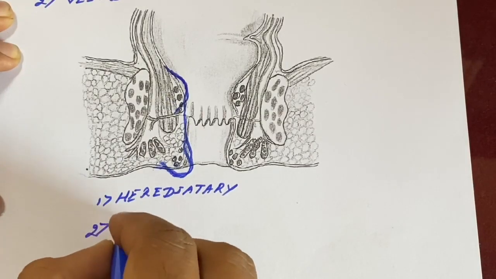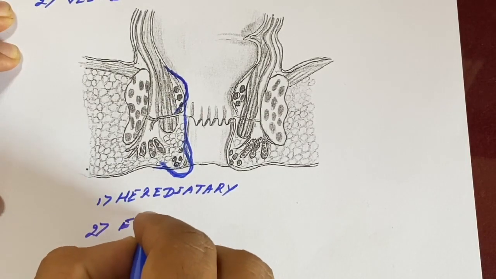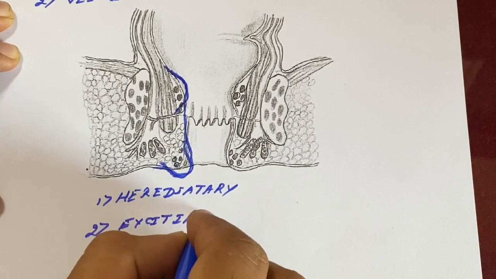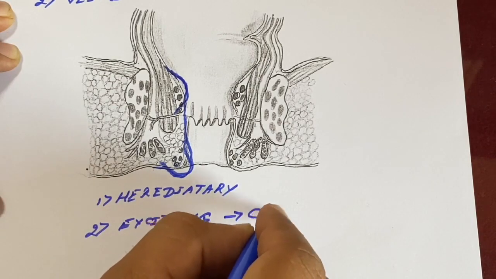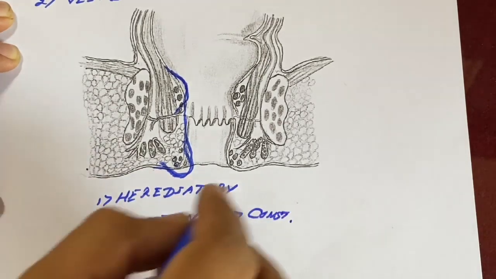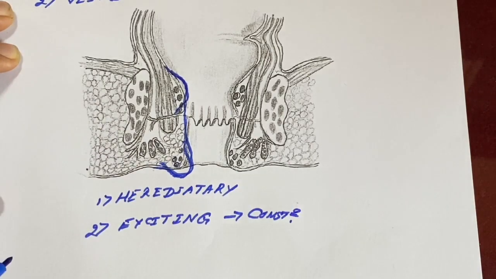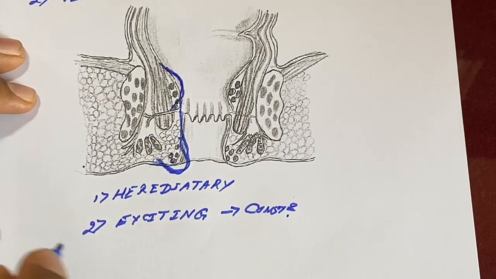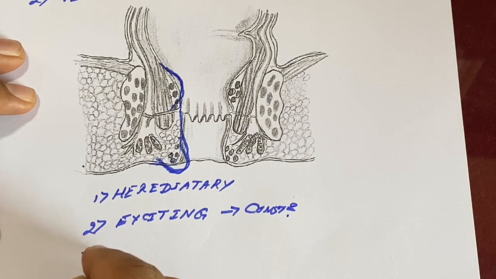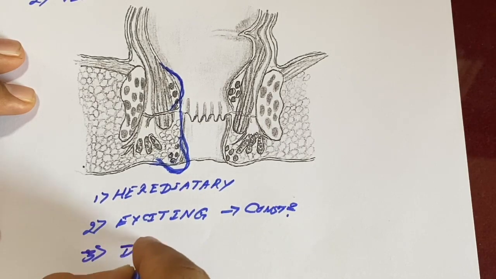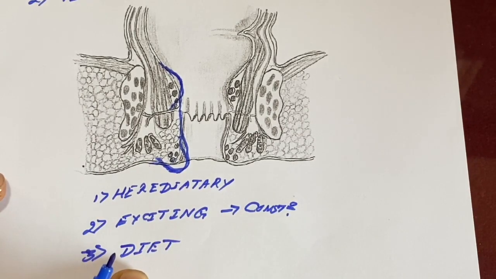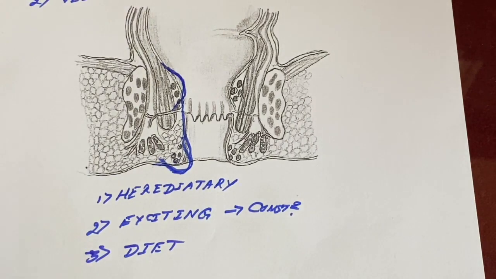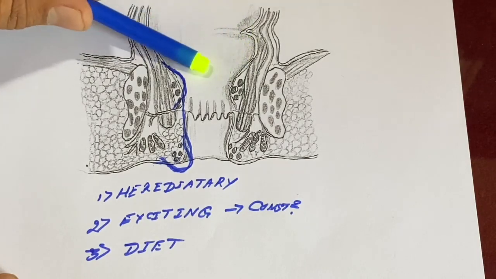Then we can say exciting causes like constipation, and diet, like diets which cause constipation or hardening of the stool, where the person needs to put more pressure to expel the stool.